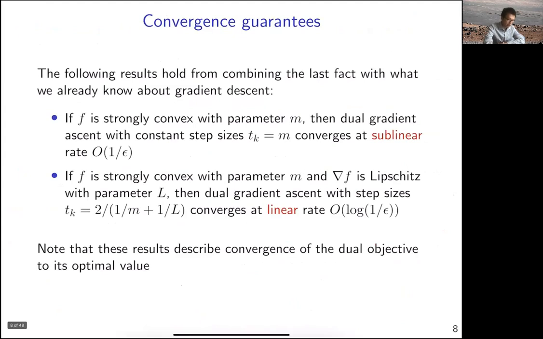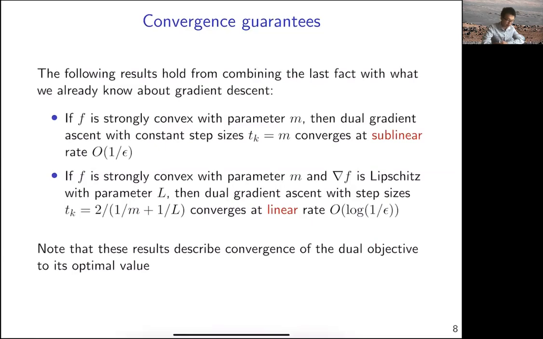Using this, we can see that suppose f is strongly convex, then this dual gradient ascent algorithm will converge in terms of the suboptimality of the dual problem at a sublinear rate of 1 over k, or 1 over epsilon iteration complexity. And suppose f is simultaneously strongly convex and gradient Lipschitz, then we know that the dual objective function is also simultaneously strongly convex and gradient Lipschitz.